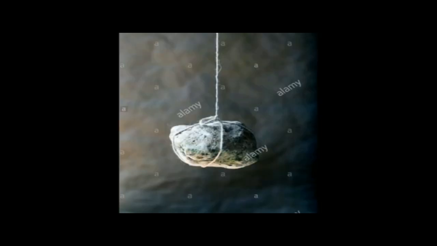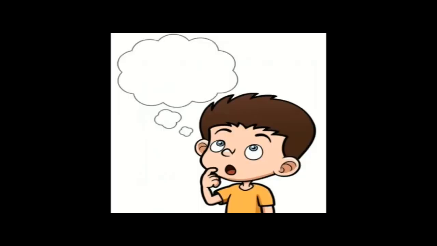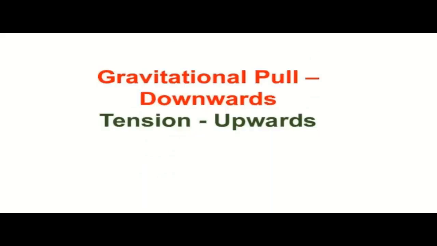A stone is suspended with the help of a string and its free end is tied to the ceiling. What are the forces acting on it? Gravitational pull acts in the downward direction and an upward force along the string supports the stone against gravity. This upward force in the string is called tension or tensional force.